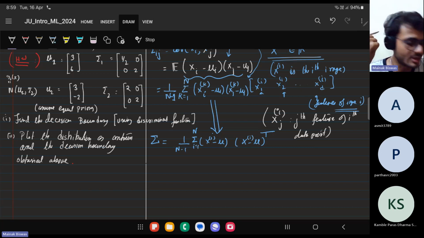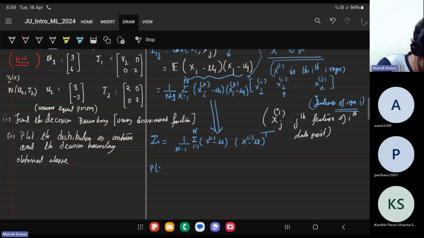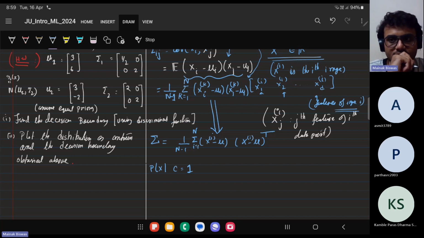So I know mu and sigma. Now the first thing is p of x given class equal to 1, or class equal to cats, represented as 1 here. Then what will this be? Normal, x is the variable, mu1 and sigma1, right? And how will I calculate mu1 and sigma1?